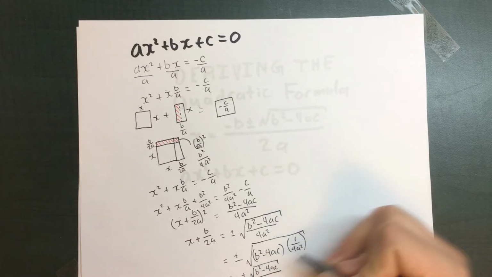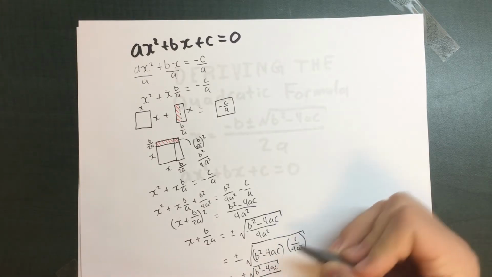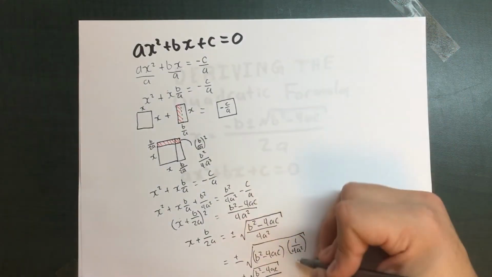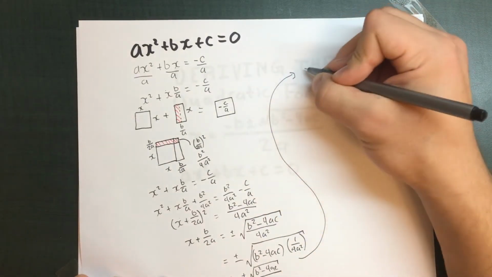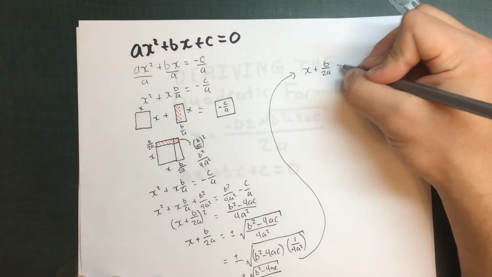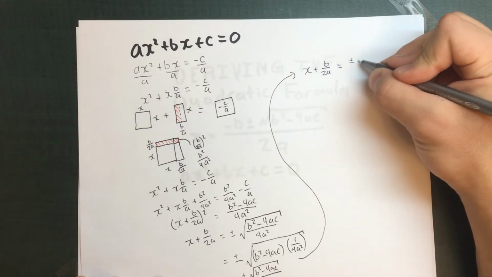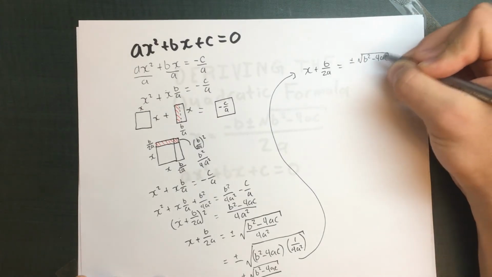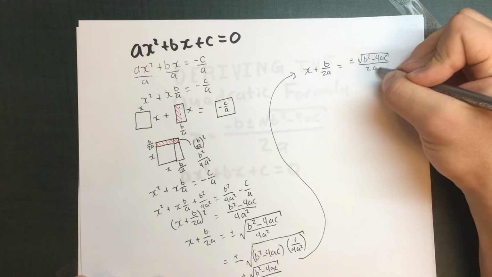So we bring that all out, we'll get 2a. So now we're left with, if we bring this back up, x plus b over 2a equals plus or minus the square root of b squared, subtract 4ac, divided by 2a.